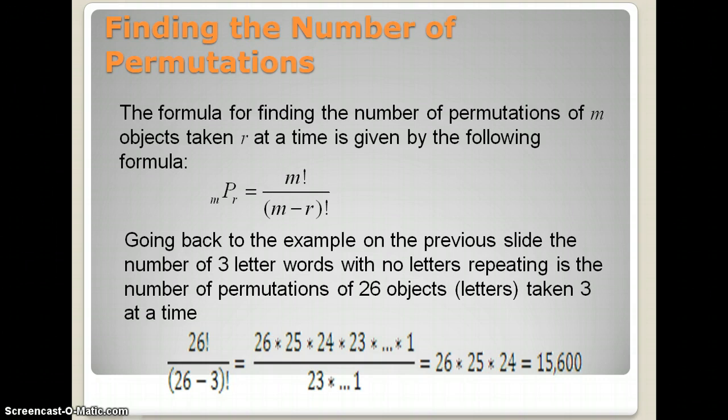We have 26 factorial over what's going to end up being 23 factorial. Well, the nice thing about permutations, and the reason we could just do 26 times 25 times 24, is because we're dealing with all multiplication on top and bottom, and we know that canceling is division. The 23, 22, all the way down to 1 shows up on the top and the bottom, and they can both cancel each other out. That's where we end up with just 26, 25, and 24.